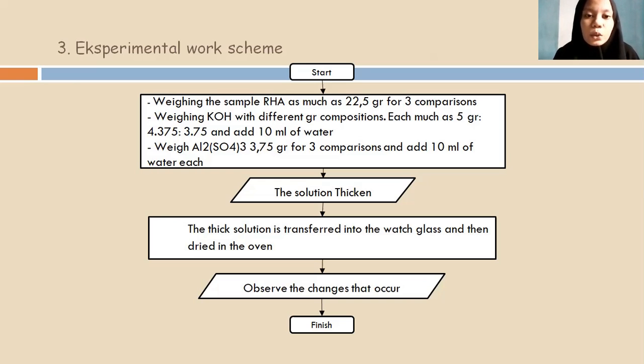Weigh Al2SO4 3.75 grams for 3 comparisons and add 10 ml of water each. The solution thickened. The thick solution is transferred into the watch glass and then dried in the oven. Observe the change that occurs.